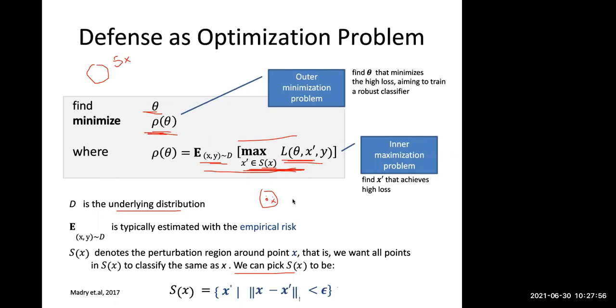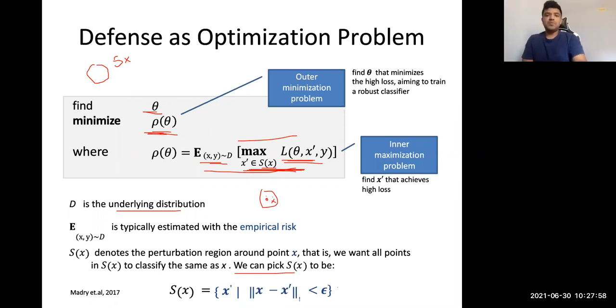And then we want to minimize this loss. We find the maximum loss, and then we minimize it.